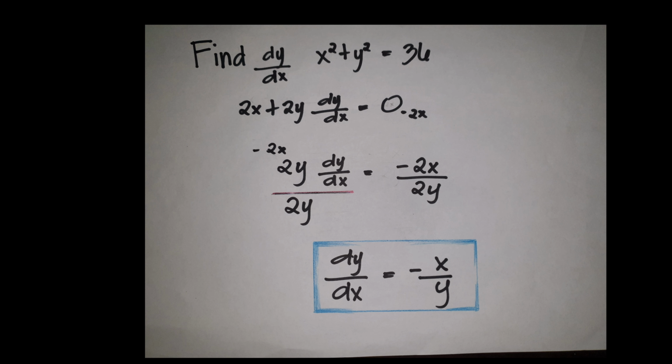It equals negative 2x over 2y, which can be simplified by dividing out the 2's to negative x over y, which can't be simplified any further. We have only dy dx alone on the left-hand side, so we're done. This is our final answer: dy dx equals negative x over y.